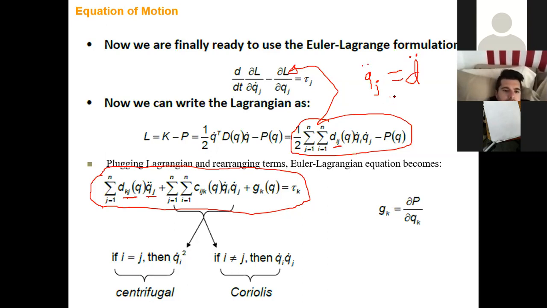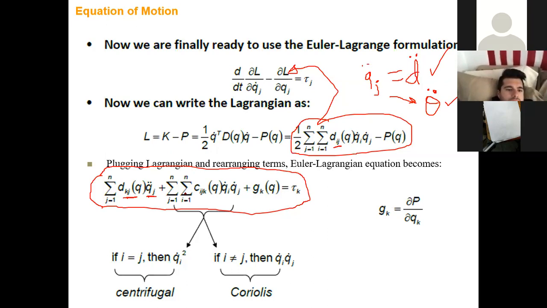If you have qj equals theta instead, then your qj double dot is theta double dot, which is angular acceleration. This is linear acceleration, this is angular acceleration. That's what qj double dot is, either d double dot or theta double dot, depending on your problem.